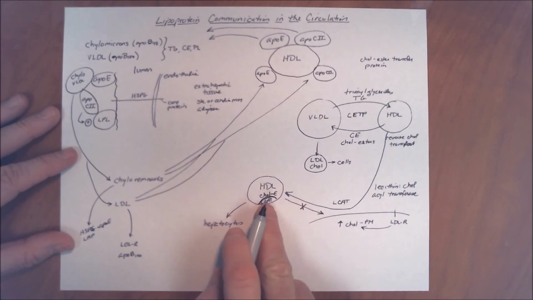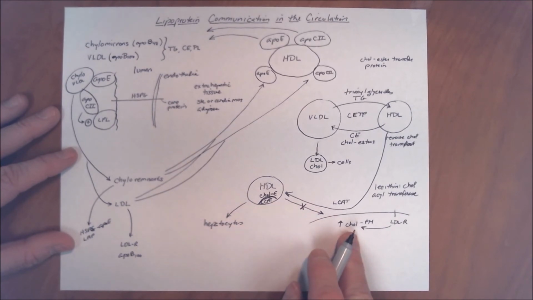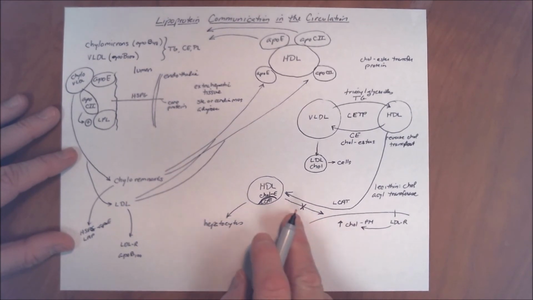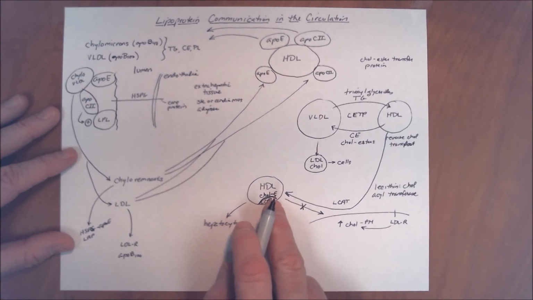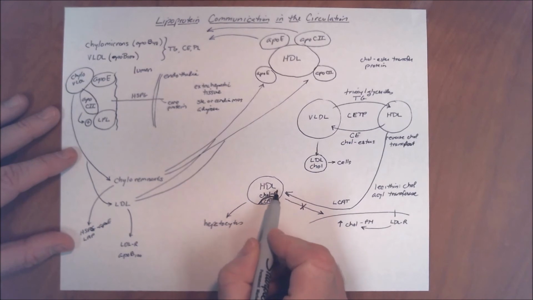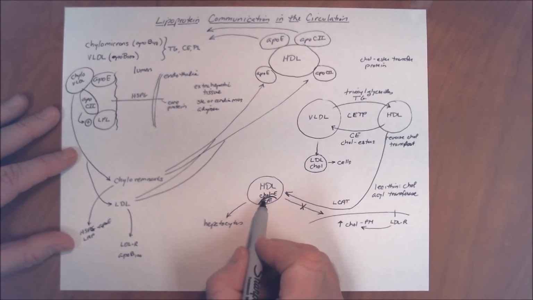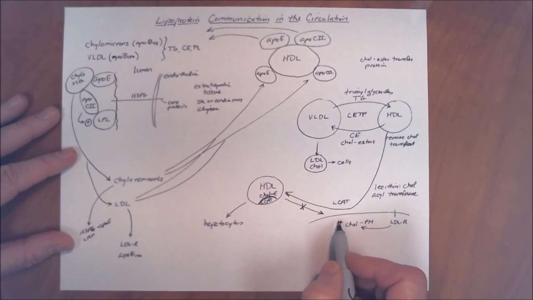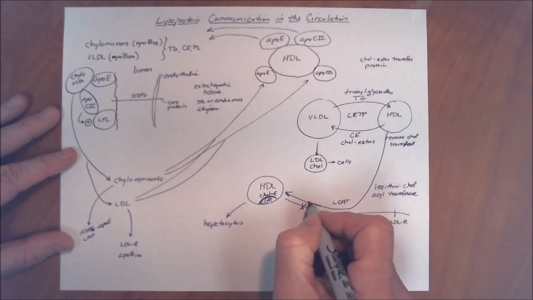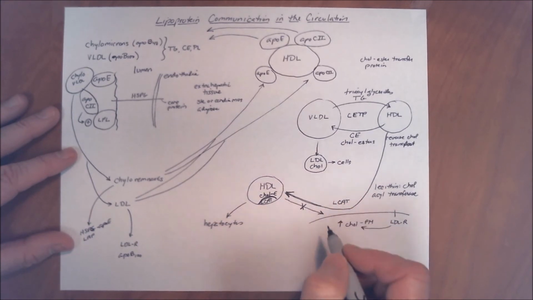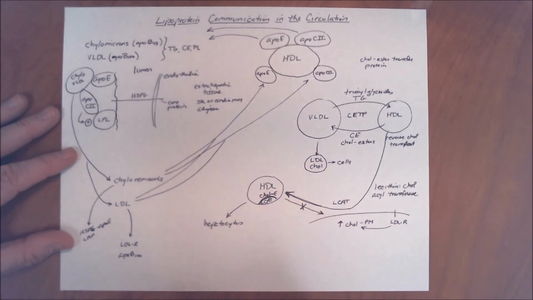So HDL is going to take the cholesterol from the cell, attach a fatty acid to it, making a cholesterol ester, and then the association, the solubilization of the cholesterol ester forming bonds inside the HDL particle is much greater than the cholesterol forming bonds inside the cell itself. So that will ensure a one-way direction of cholesterol movement from cells to HDL.